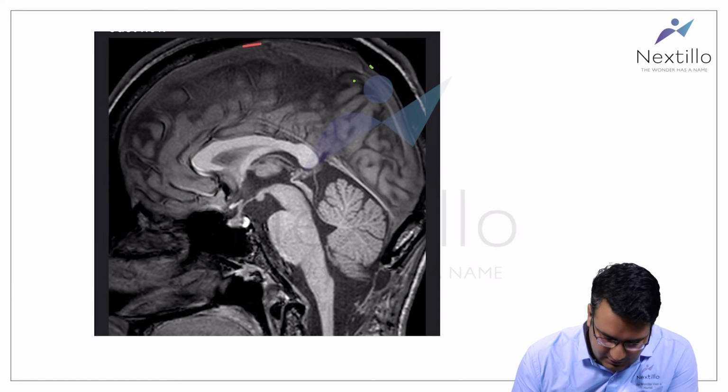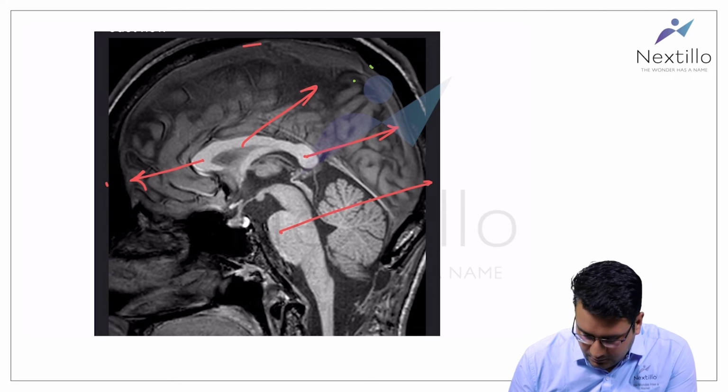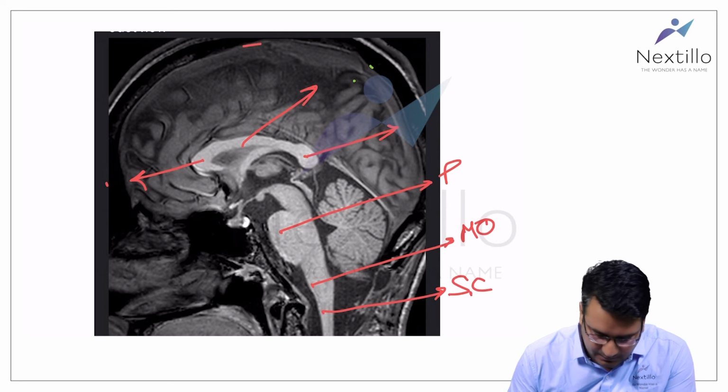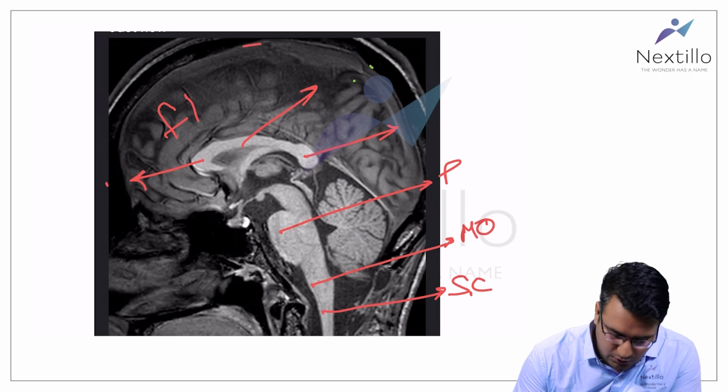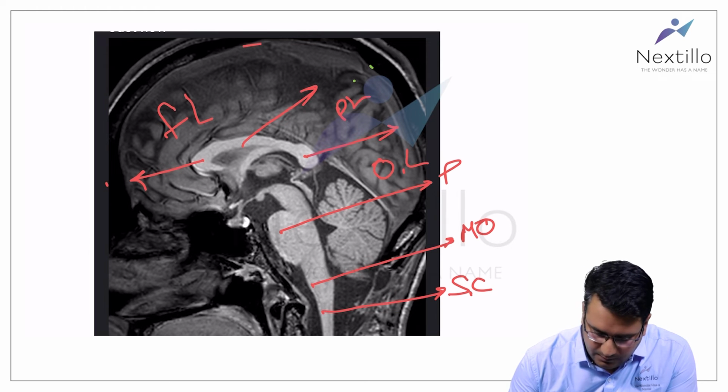So: genu, splenium, body, pons, medulla oblongata, spinal cord, frontal lobe, occipital lobe, parietal lobe.